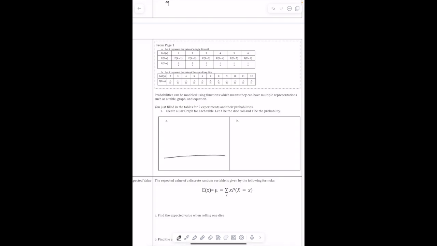So our part A, our dice roll, our options were 1, 2, 3, 4, 5, and 6. And our axis here is our probability.